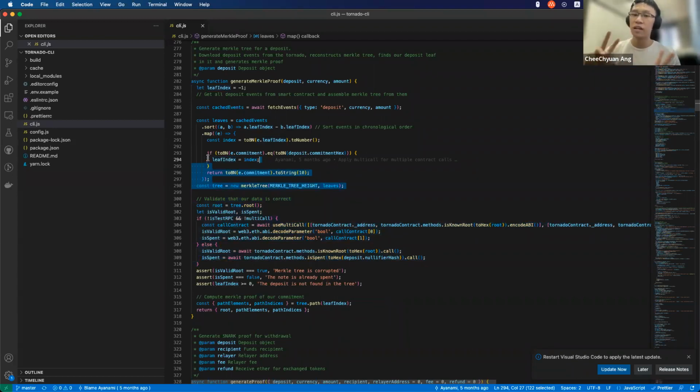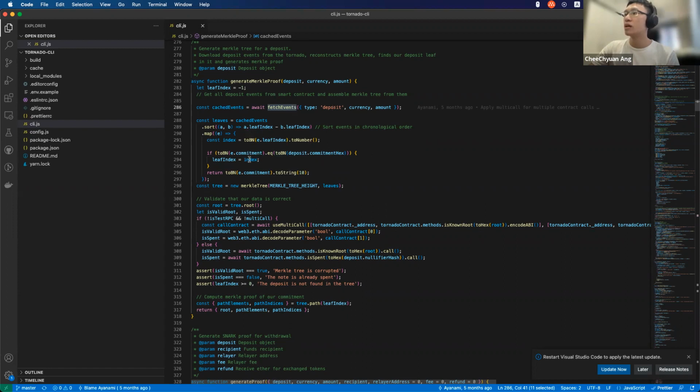Remember the deposit event has our index, the commitment, and so on. So we are using that to reconstruct our path. We definitely need to read from the blockchain, and this is why when you deposit, it takes a few minutes, because it's trying to grab everything and read everything from the blockchain and recalculate. That's why it's very slow.